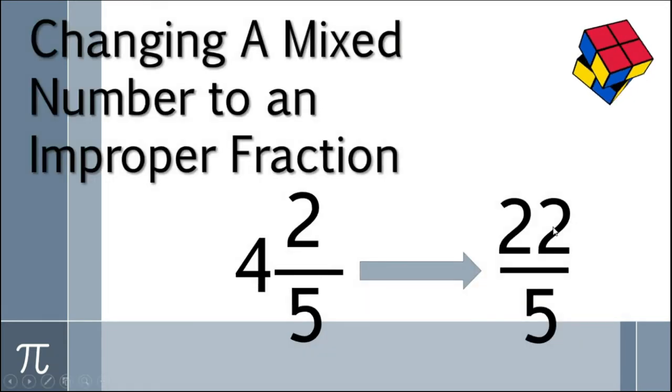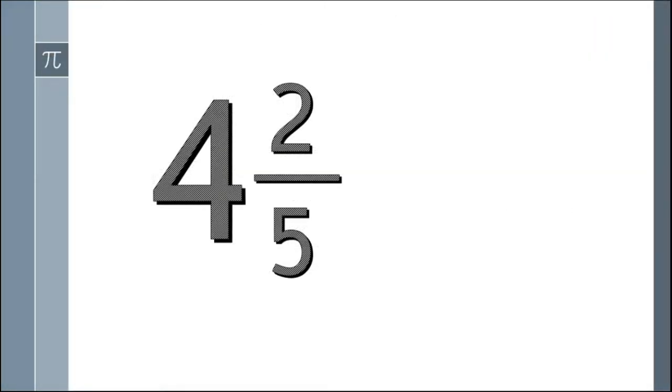Okay, kanina, changing improper fraction to a mixed number. Ngayon naman, changing a mixed number to an improper fraction. Example, 4 and 2 fifths magiging 22 fifths. Ano ang gagawin ninyo? Okay, ito. 4 and 2 fifths. Una yung gagawin, yung 5 at saka yung 4, multiply ninyo.